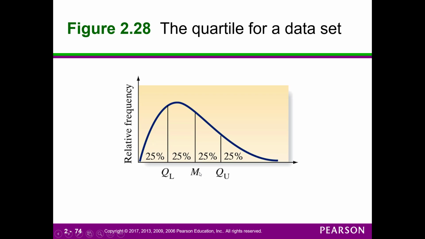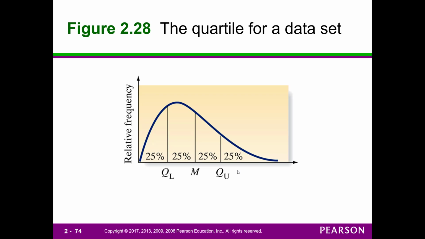The median quartile, M, is the median or 50th percentile, and the upper quartile, QU, is the 75th percentile, as shown in figure 2.28.